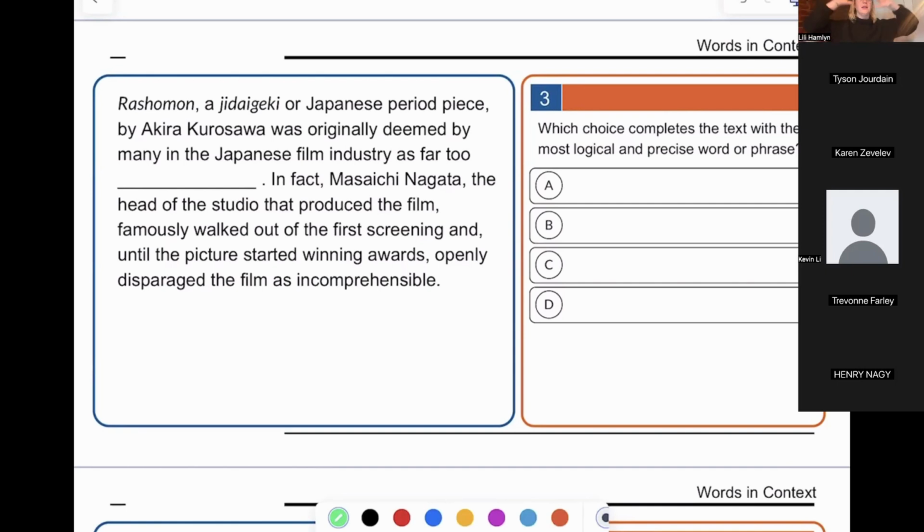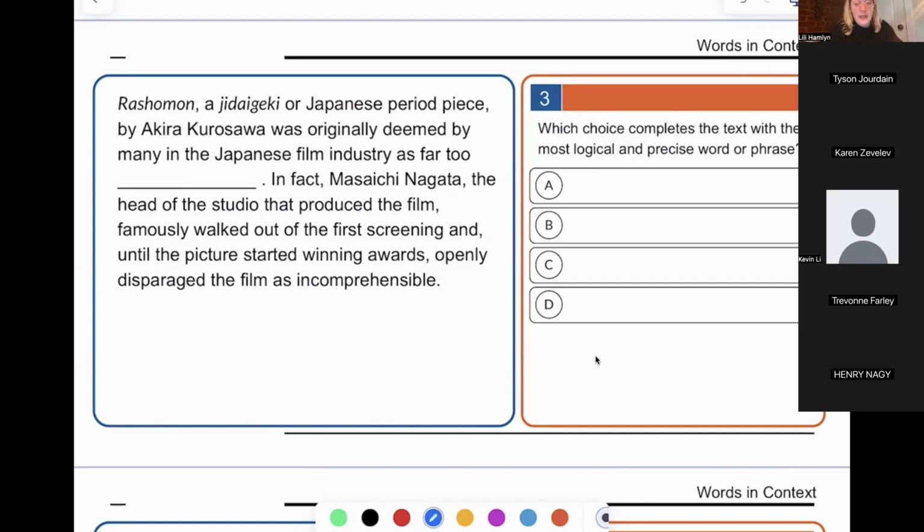What do we think? The other suggestions. So we're saying that this film by Kurosawa was deemed by many in the Japanese film industry to be too something.